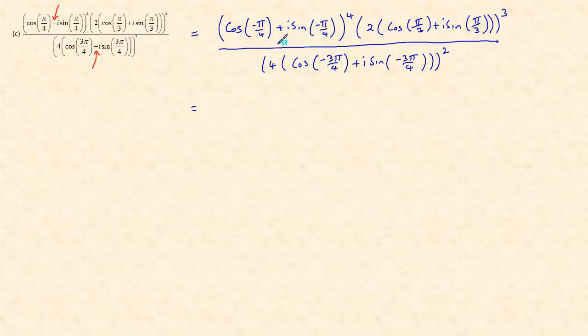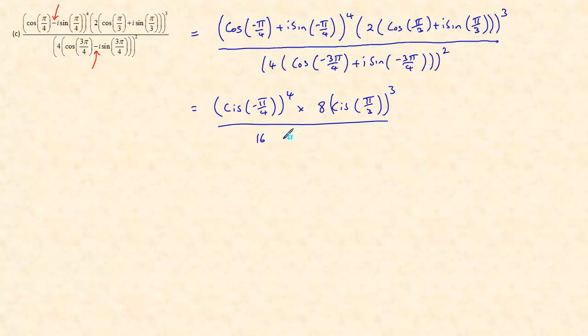Now, this one could be written as cis negative pi by 4, and that's to the power 4. Then this one, 2 cubed is 8, and then we have cis pi by 3, and that bit needs to be cubed. And then on the bottom we've got 4 squared, which is of course 16, and cis negative 3 pi by 4, which is squared.